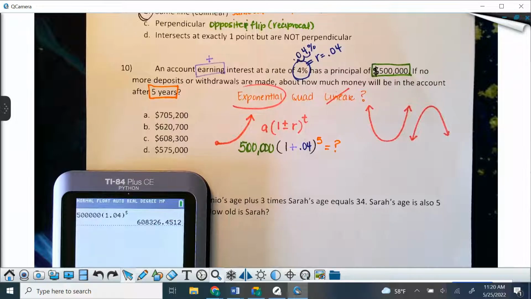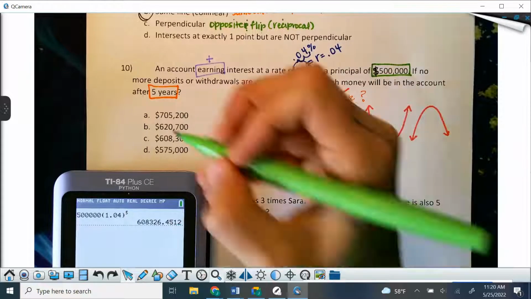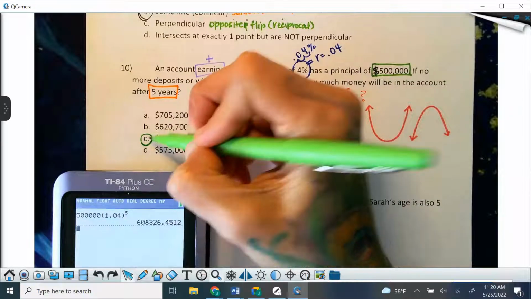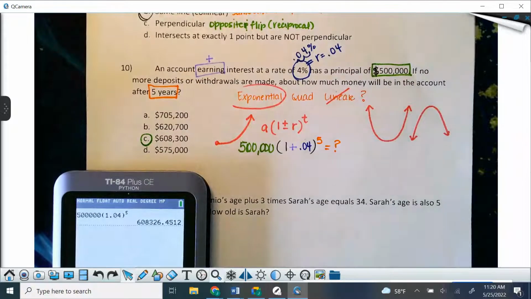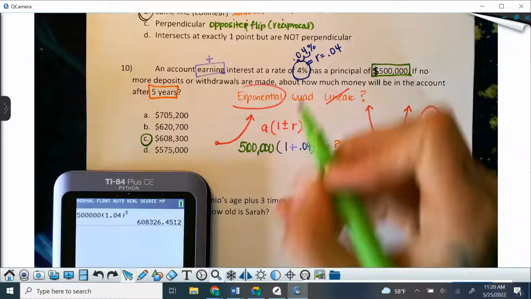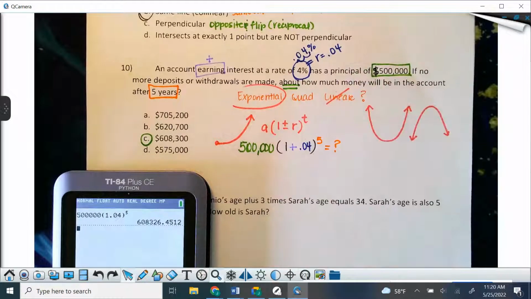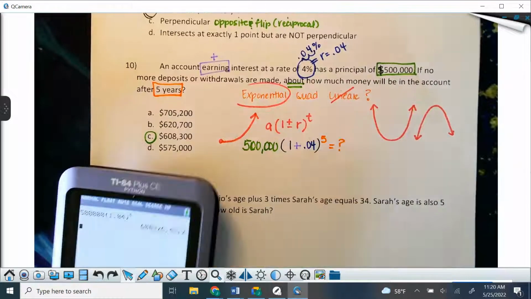So our answer would be which one? C. They just knocked off the $26. I'm not really sure why, but it appears they did because it said about. So if it says about, don't sweat it if your answer is not perfect. That means it's getting close to that much.